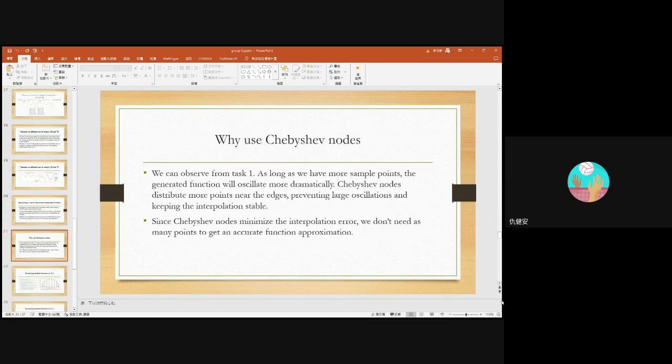Next page. So why do we use Chebyshev nodes? Uniformly distributed sample points often cause dramatic oscillations at the boundaries, a phenomenon known as the Runge phenomenon, leading to large interpolation errors. Chebyshev nodes mitigate this issue by clustering more points near the edges, thereby stabilizing the interpolation.